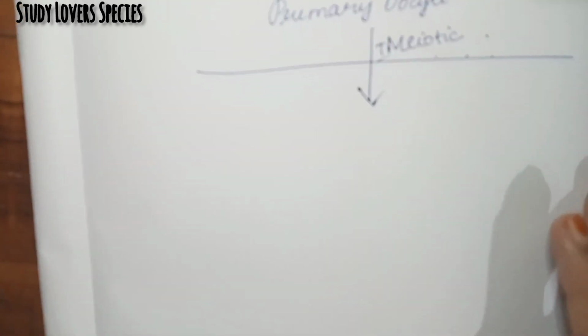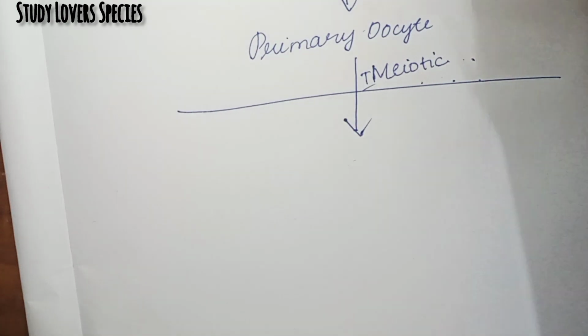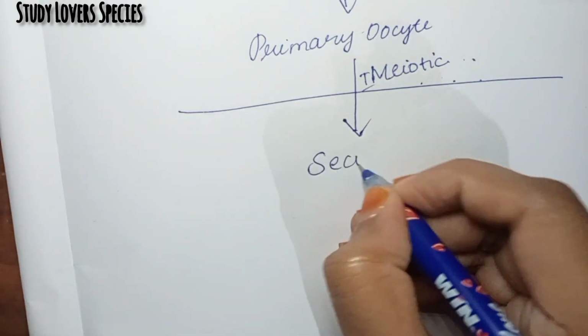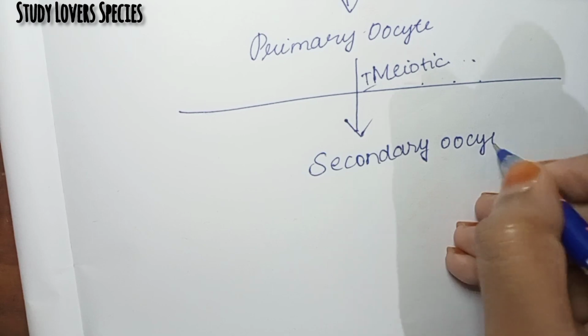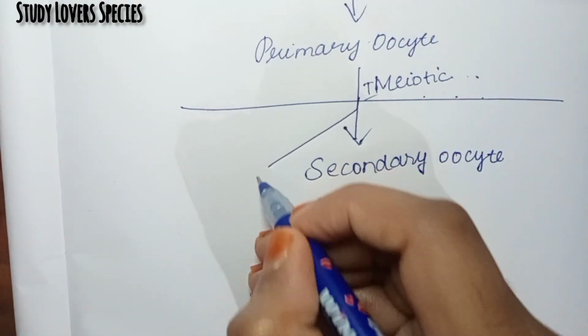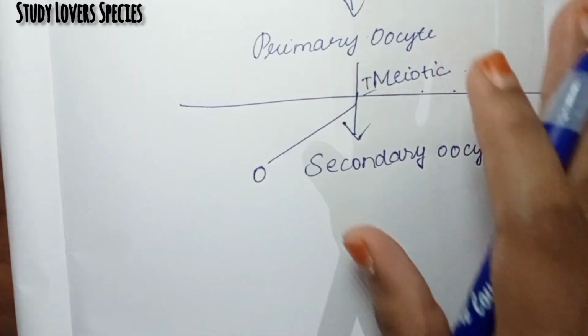Once the first meiotic division is completed, the secondary oocyte is formed along with the polar body. This polar body will get degenerated, so let's not consider that.